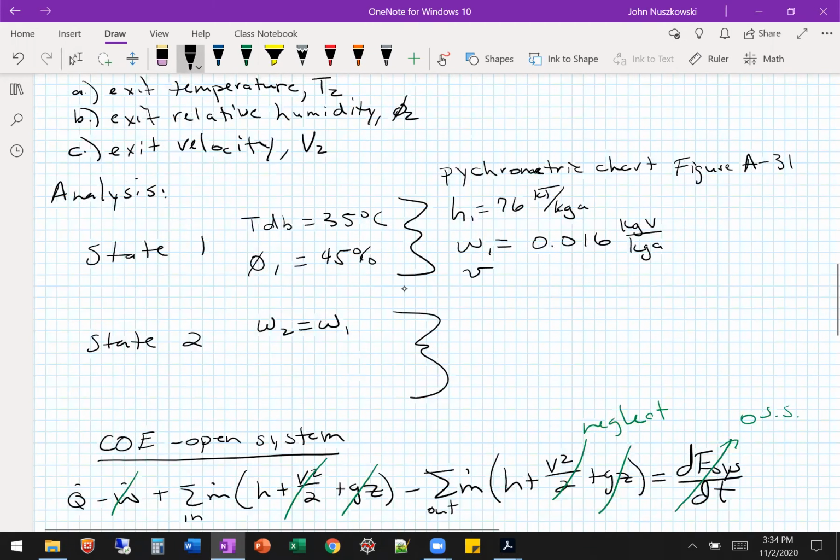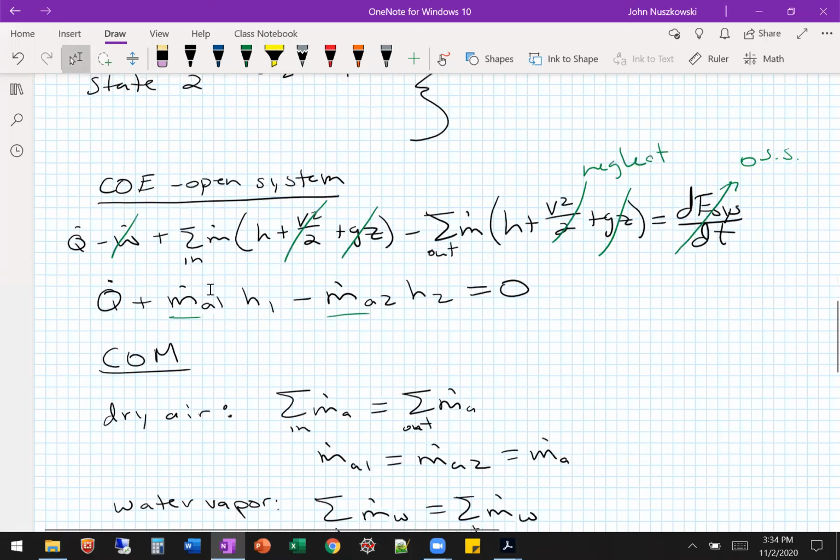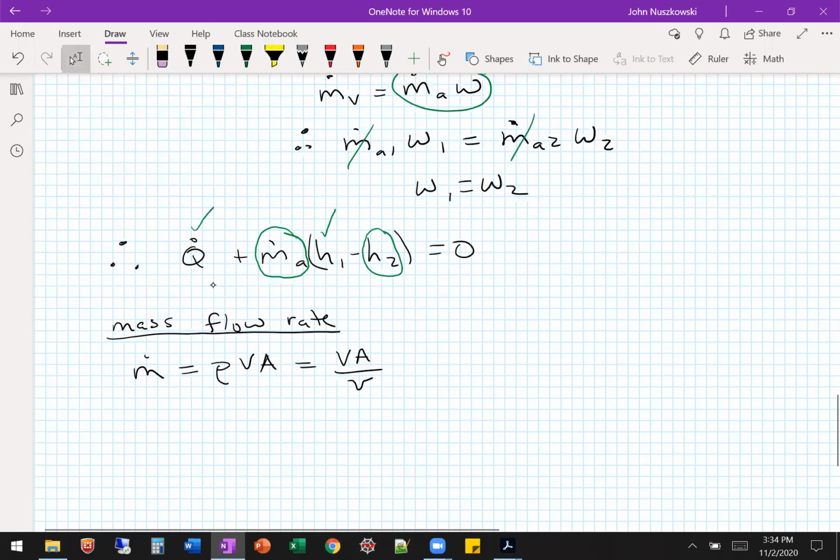So we have everything: the velocity at the inlet, the diameter of the duct, and the specific volume we looked up.